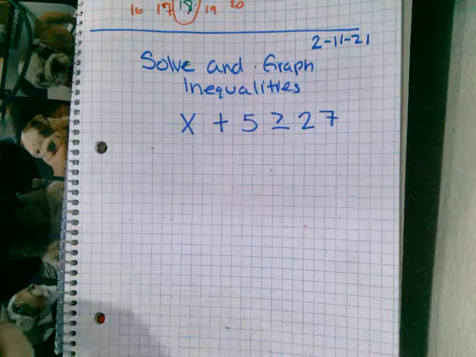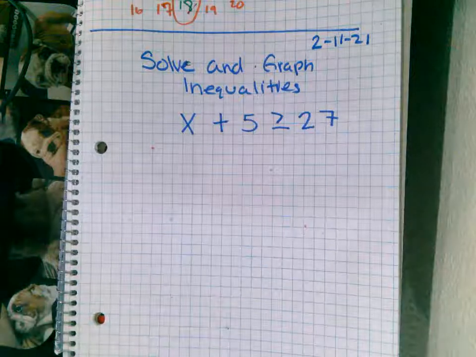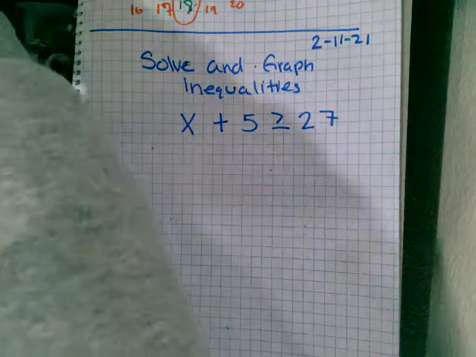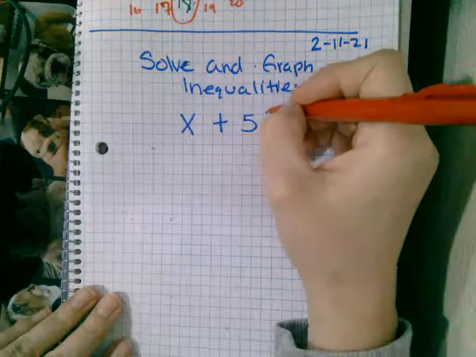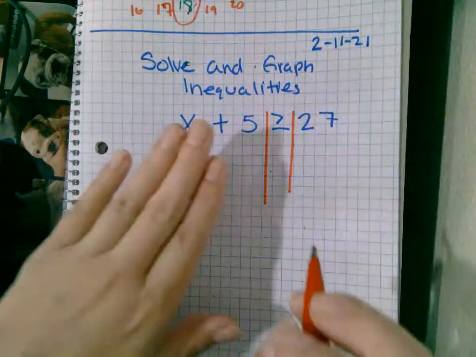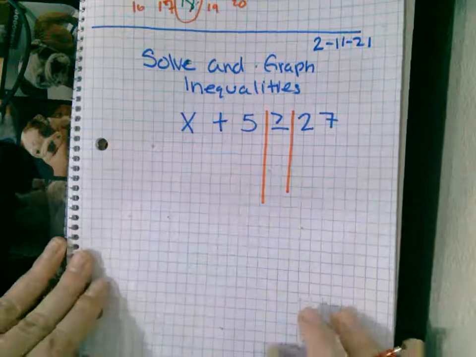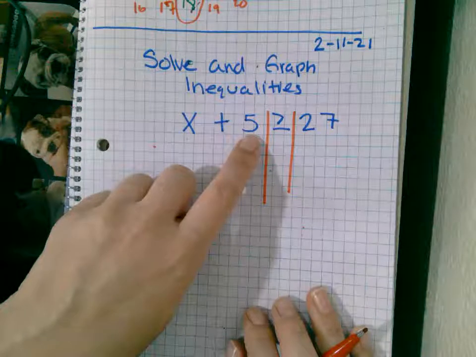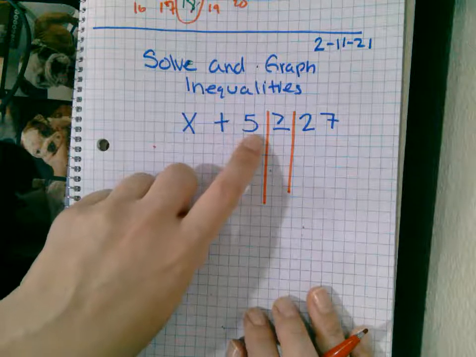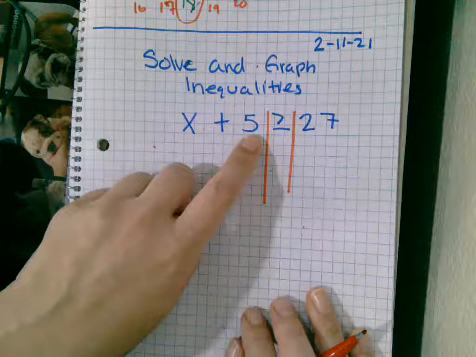Okay, now, just like we learned back in October, back in November, we want X all by itself. So we're going to draw the bars that separates the left side from the right side. Now your goal is to get X by itself. So I have to move this 5. This 5 is in the way. I don't like it. So what you have to do is you have to move it.